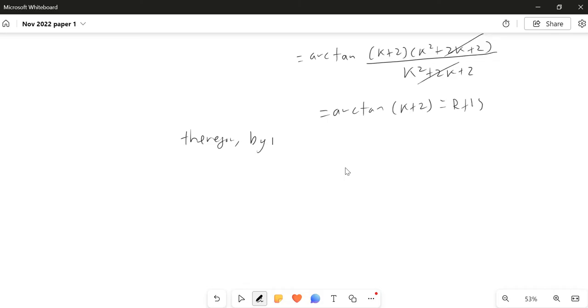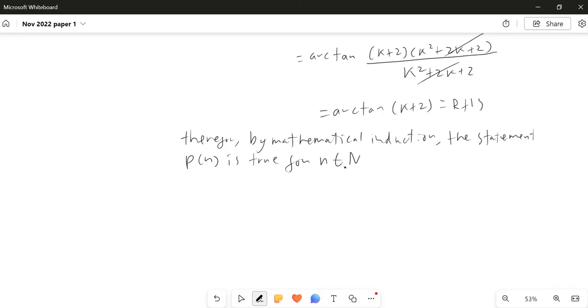Therefore, by mathematical induction, the statement P of n is true for n belongs to natural numbers, since P of 0 is true and P of k leads to P of k plus 1. And then that's done.